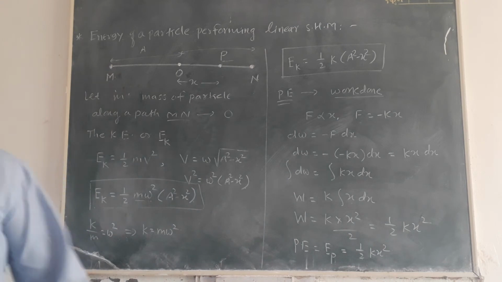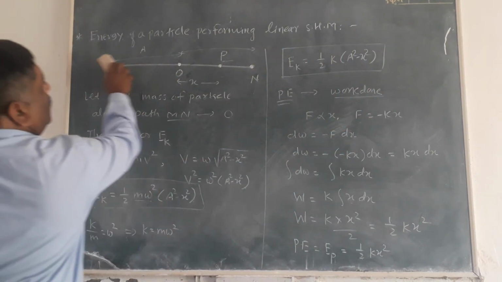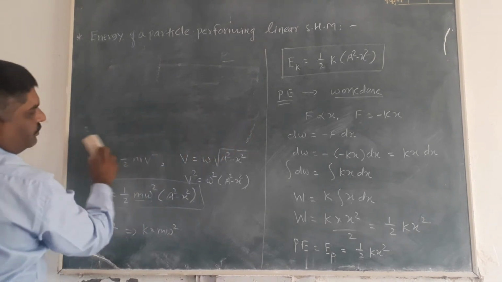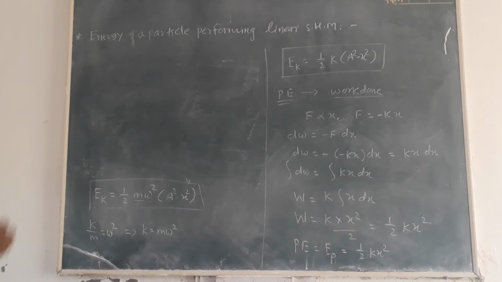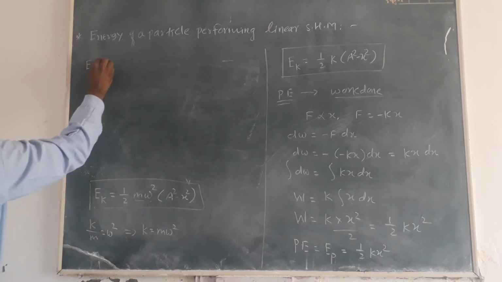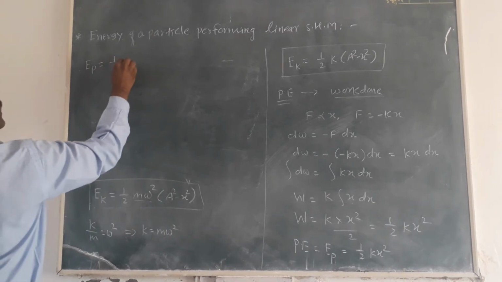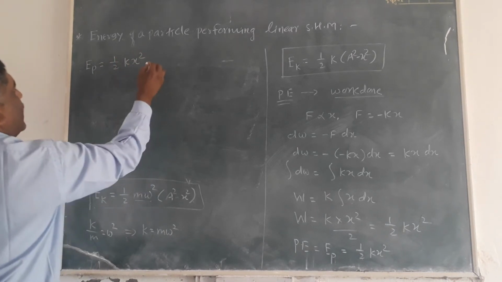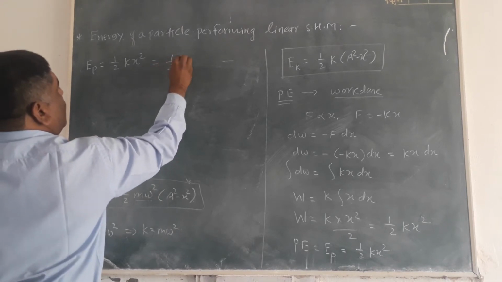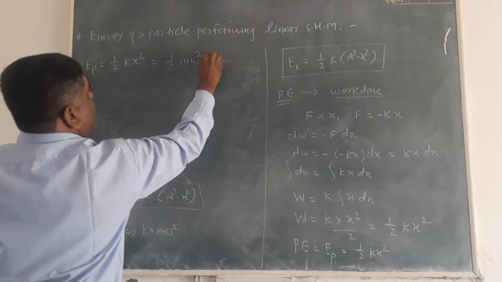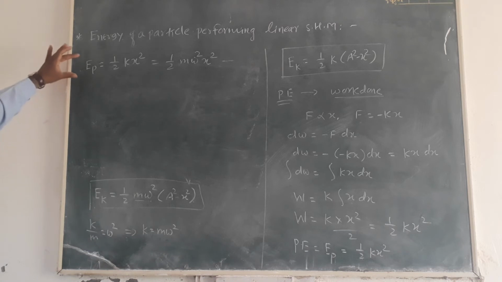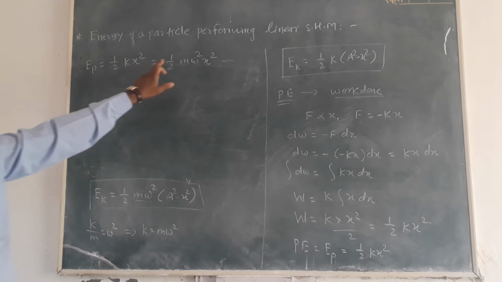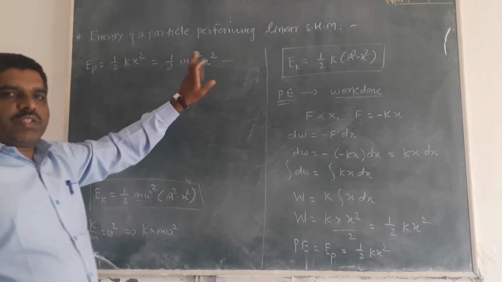This equation gives the potential energy in simple harmonic motion, that is, Ep is equal to half kx square, or this can be written as half m omega square x square. Put the value of k as m omega square, then we get potential energy Ep equal to half kx square, or half m omega square x square.